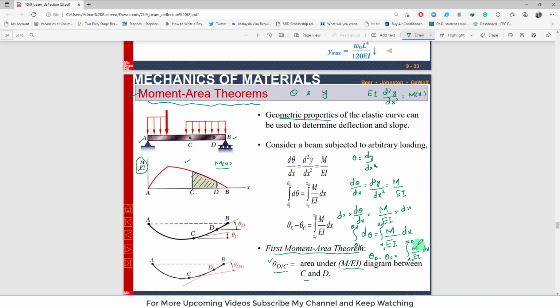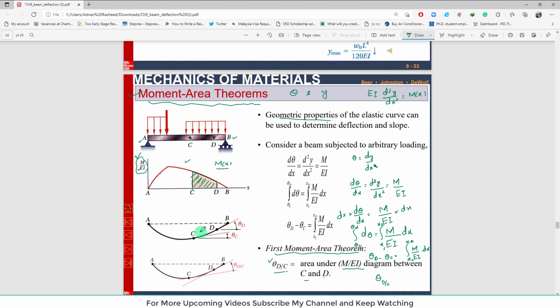Now this integral of M over EI dx is the area under the M over EI curve between point C and D. So this theta d minus theta c we can also write as theta d/c, which means the slope of point D with respect to point C.